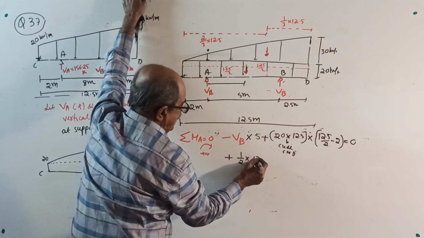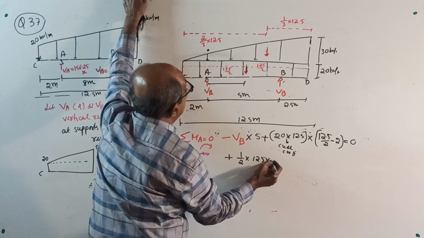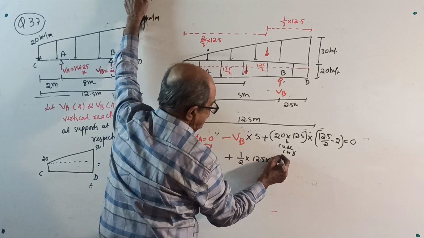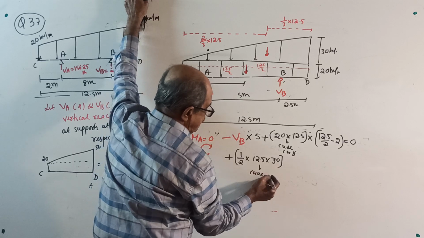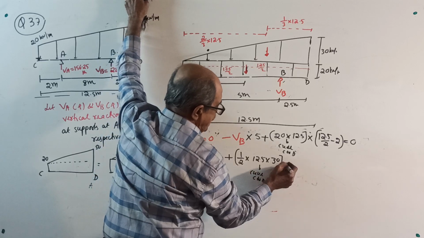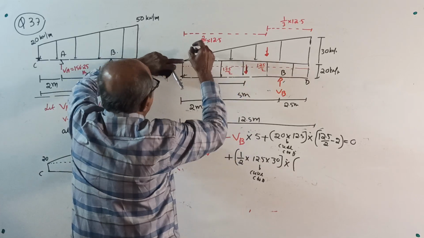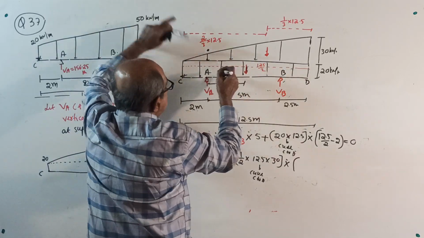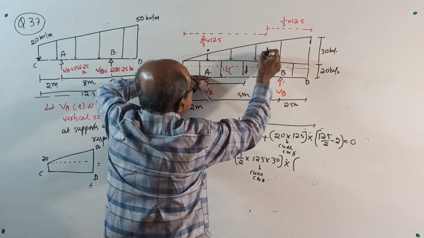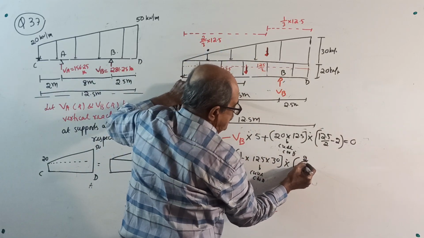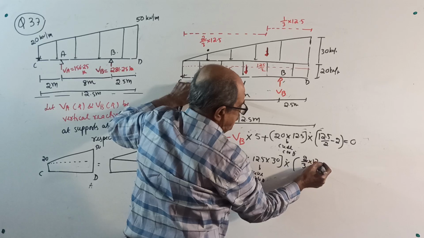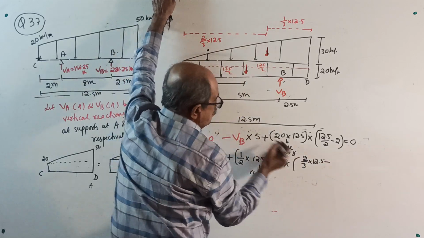half into 12.5 into, how much is it? 30 is the total load. This is the total load for UVL from C to D multiplied by, we want moment about A. So from A, we want this to this load. That is 2/3 of 12.5, 2/3 of 12.5 subtract 2.